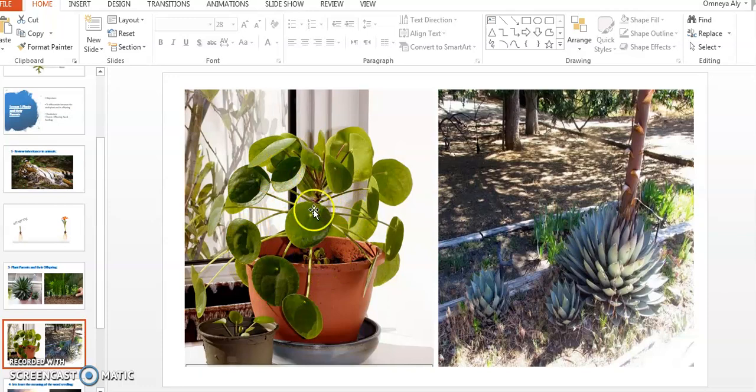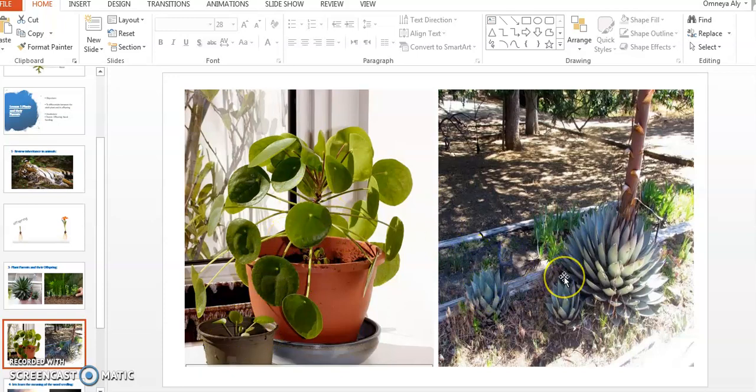It has a bigger stem, and for sure it has bigger and more roots down here inside the pot. But the young plant still has few leaves and a small stem. So this is the baby plant or the young plant, and this is the adult plant.